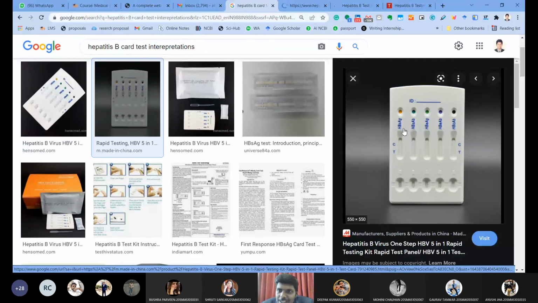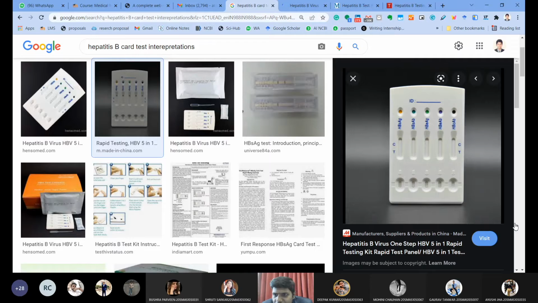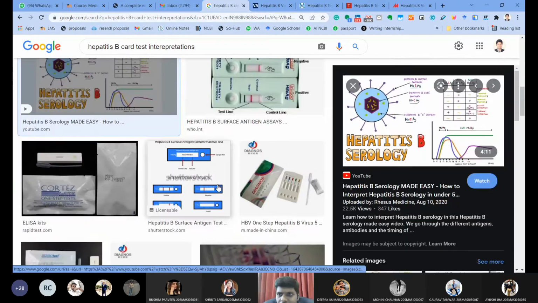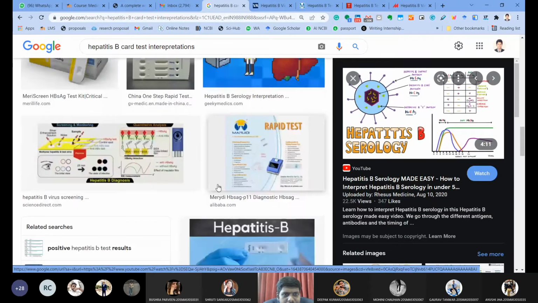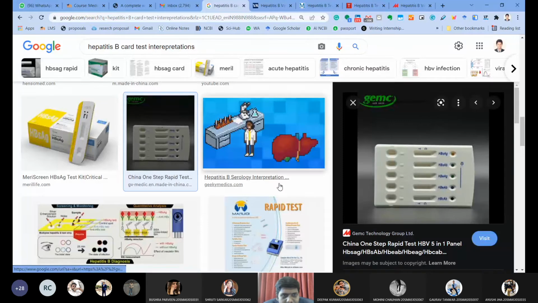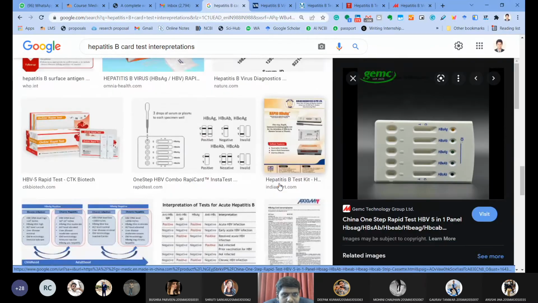It has a surface antigen, then surface antibody, envelope antibody, and core antibody. And I want results of this card test. I need some results. I want a user card of this one.